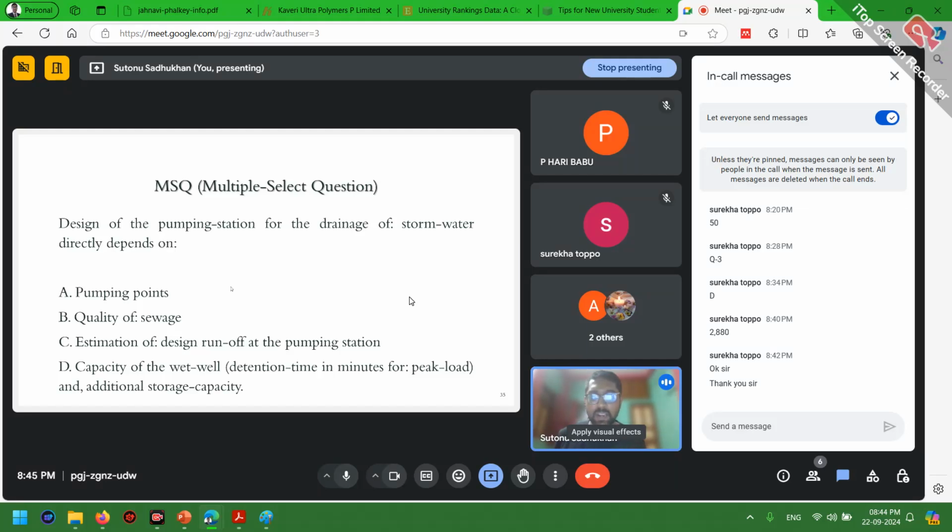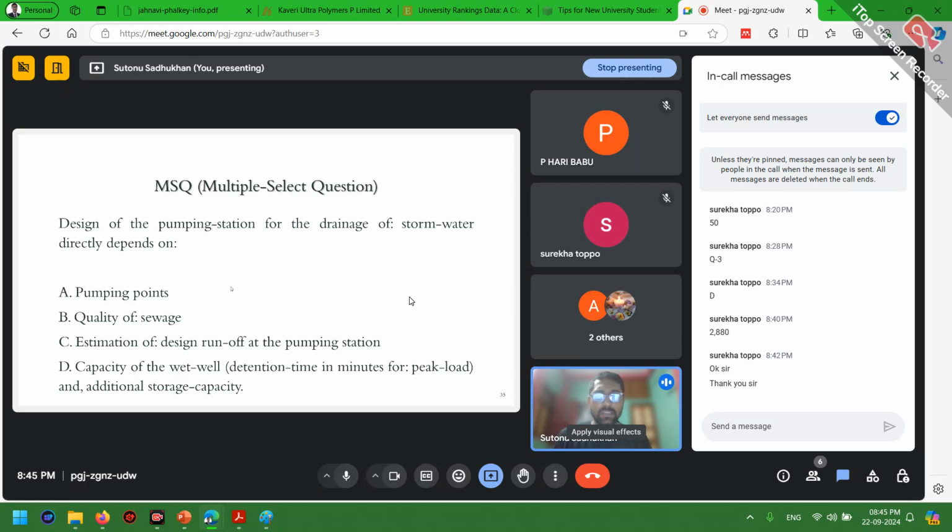The capacity is basically the retention time in minutes for peak load. If you know the peak load and the retention time and multiply these two, you will get the capacity of the wet well. Plus additional storage capacity, it is just a design relaxation you have to consider. Which of the following factors are considered while designing the pumping station for the drainage of storm water?